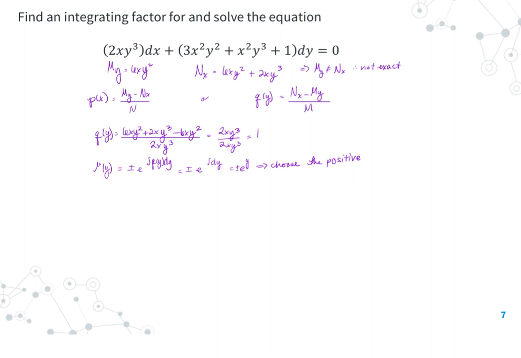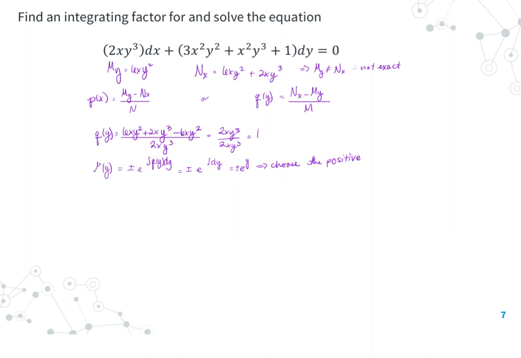And in this case, I notice that M is only 2xy cubed, and that finding this difference N sub x minus M sub y would yield only one term, so I decided to try q of y.